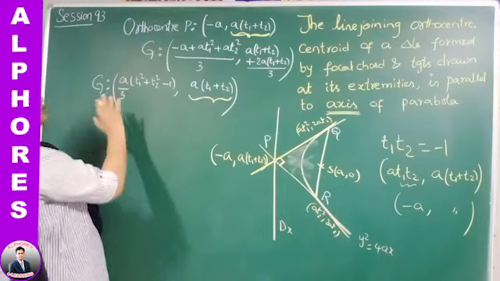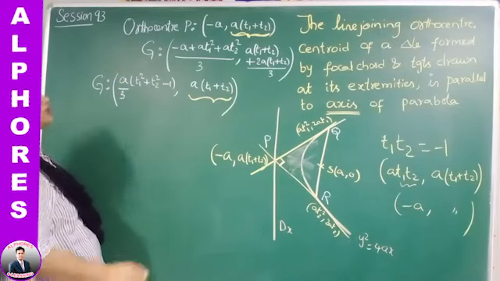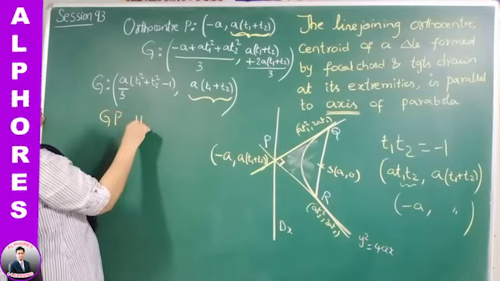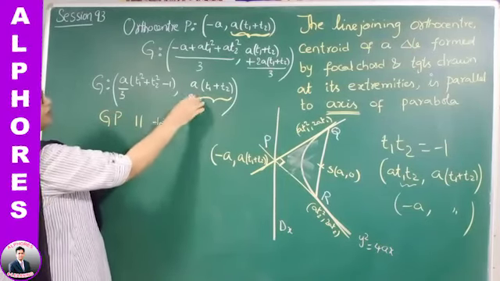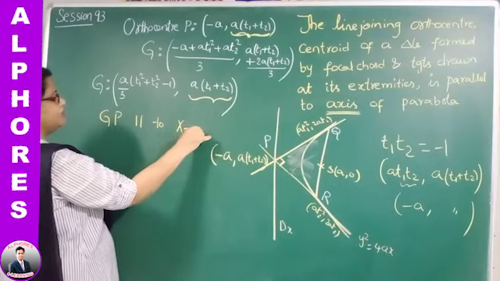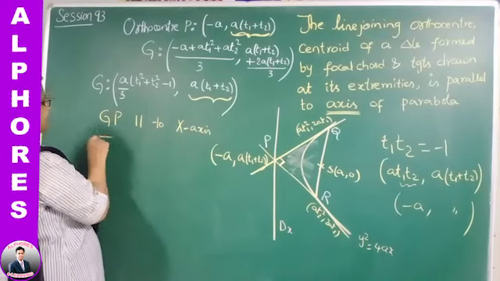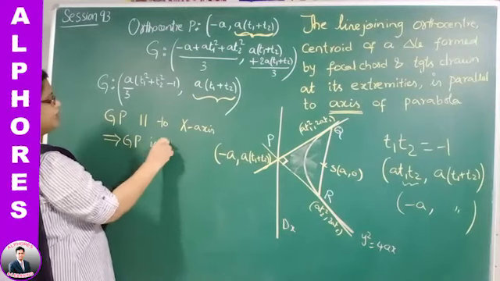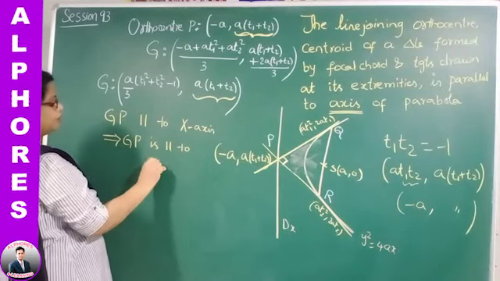That line is parallel to the x-axis. Therefore we can say the line GP is parallel to the x-axis. And what is the x-axis to this parabola? It is the axis, which implies GP is parallel to the axis of the parabola.